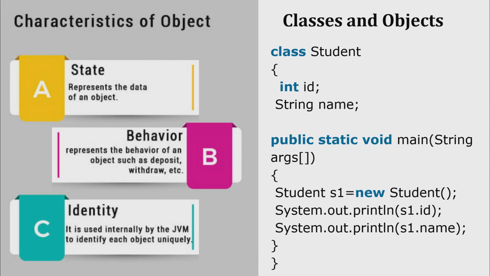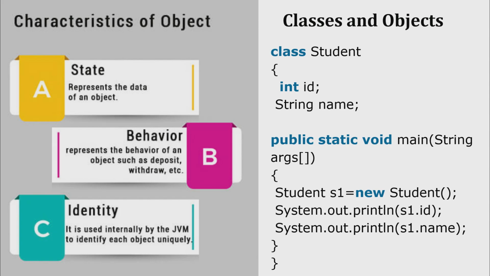Now the characteristics of objects. As I told earlier, an object has a state, which means its properties. Next, an object has different behaviors, specific behavior for the object. Next, identity. Identity means the JVM identifies each object uniquely through its identity.